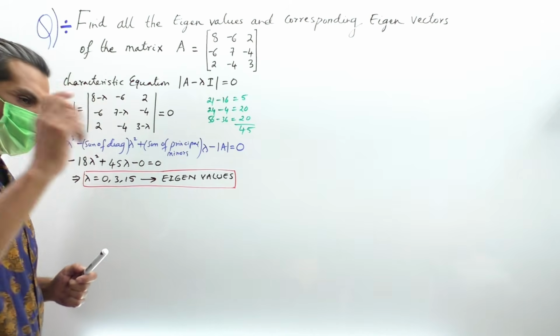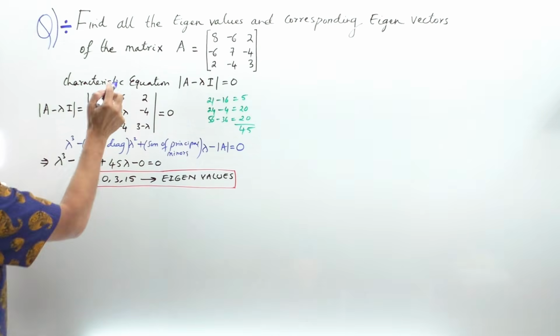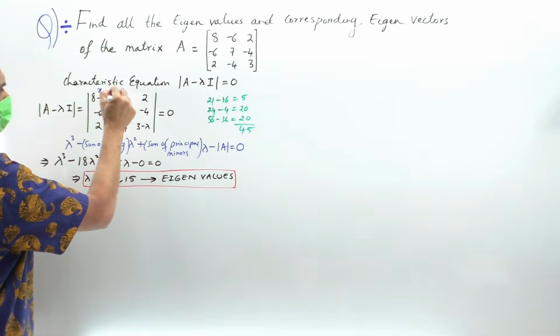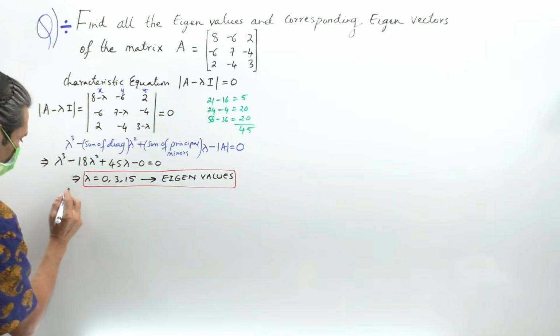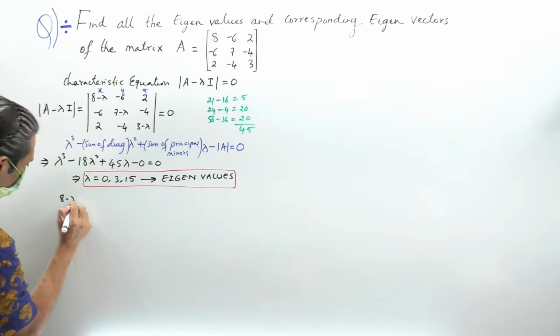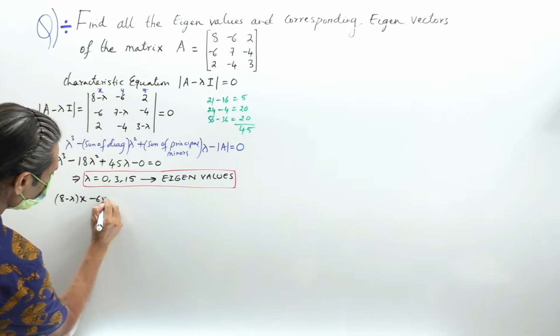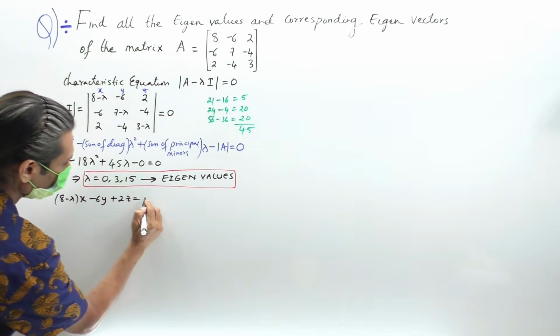So to find the eigenvectors, see, as you see here, this determinant clearly indicates a system of equations. It is x, y and z. So if I write the equations here, I can write this like this. See, 8 minus lambda into x minus 6y plus 2z is equal to 0.